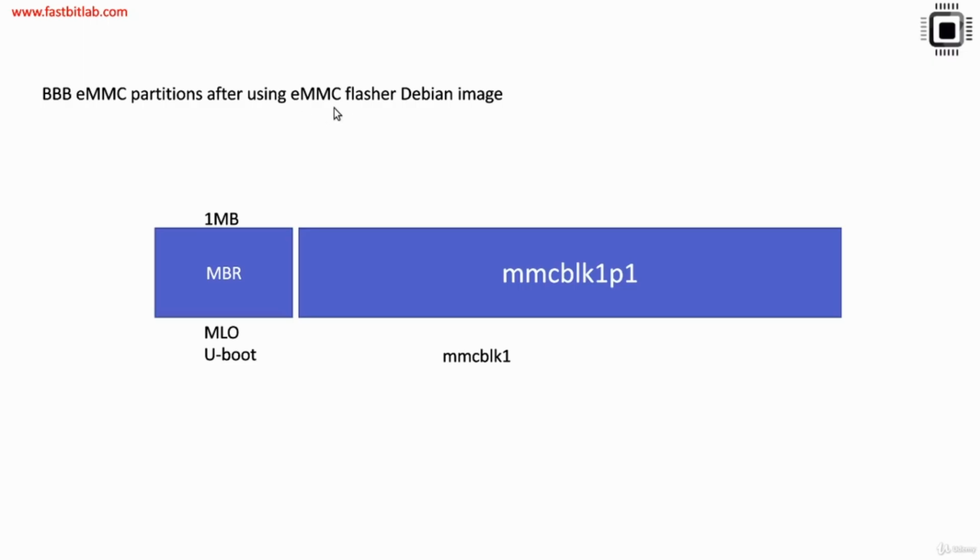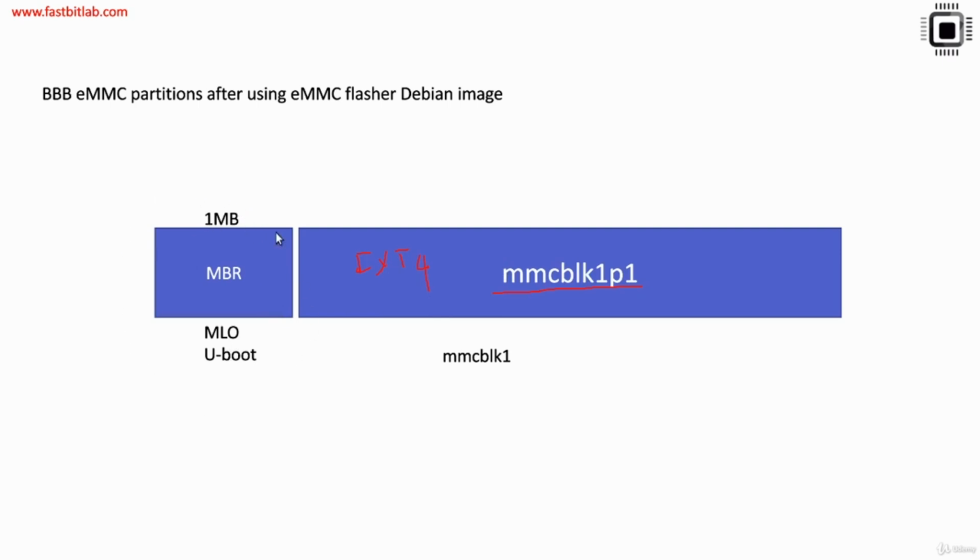That's because the newer eMMC flasher Debian images of beagleboard.org actually create only one partition, mmcblk1 P1, of type ext4, and it doesn't copy the boot images such as MLO and U-boot into this partition.